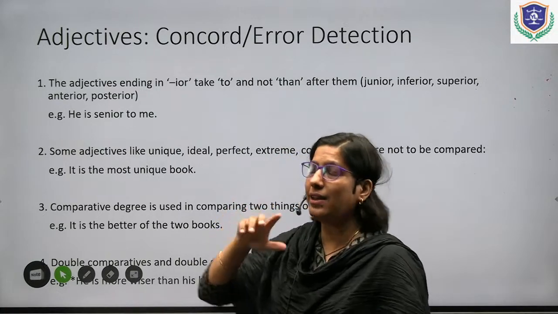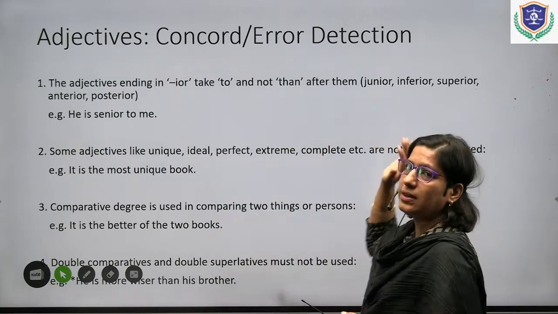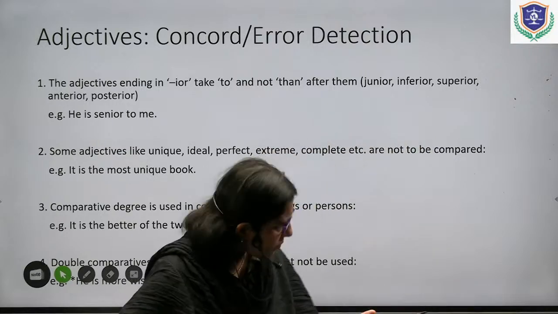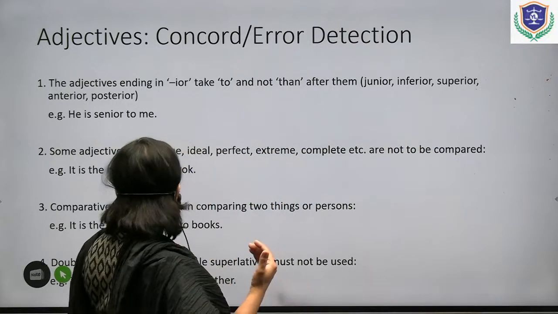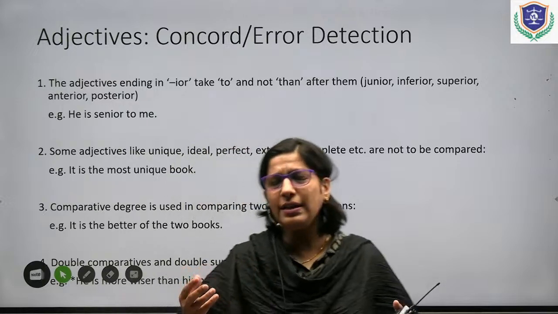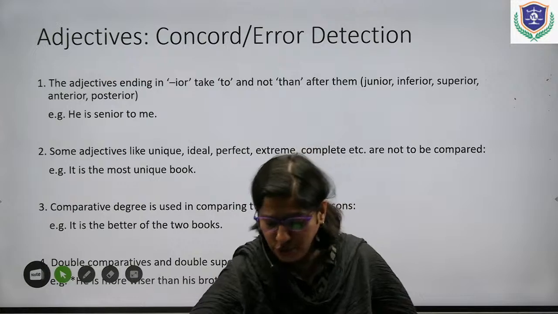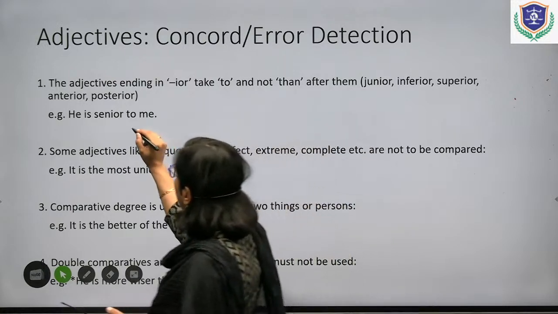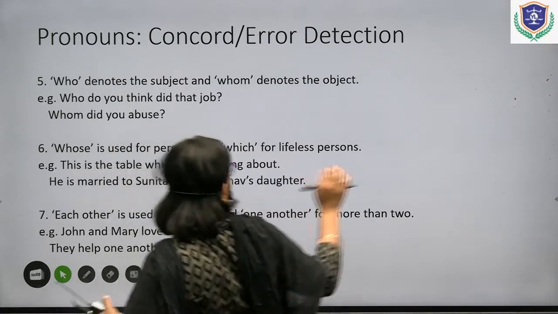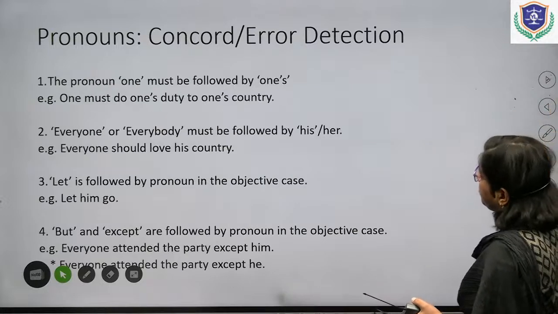Words ending in IOR, like junior, senior, inferior, superior, anterior, posterior, all these words ending in IOR will always take to. He is junior to me. He is senior to me.